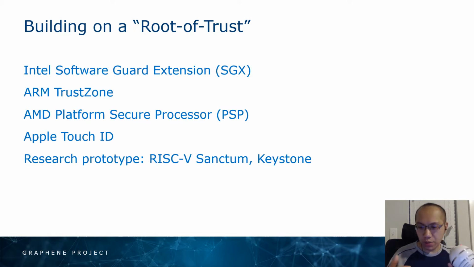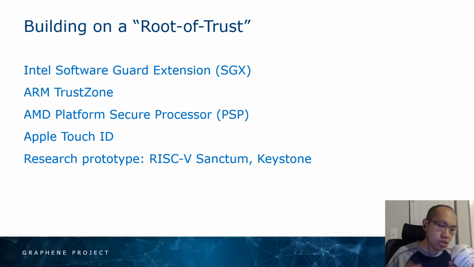Also, if you are aware of the mobile phone world, there's ARM TrustZone, which recently has introduced the same kind of confidential computing features as Intel SGX. AMD has its own version of a root of trust and confidential computing platform called PSP, and Apple Touch ID is a special device for protecting your fingerprints and that kind of thing.